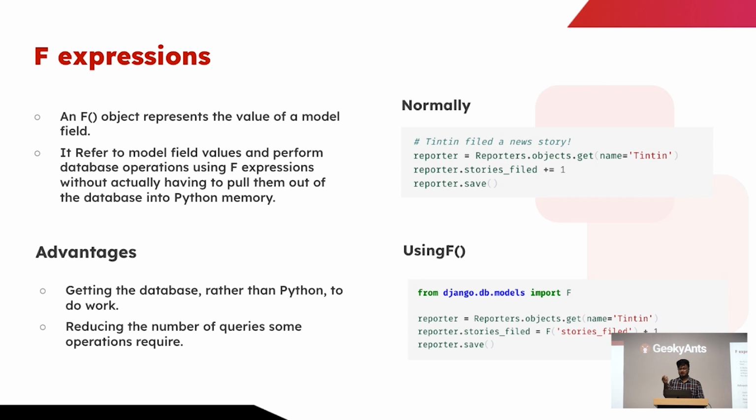It goes back, gets the name, adds one, and leaves it there itself. So with essentially one operation, you're finishing the whole thing. You're not even pulling it back to the Python's memory. Instead, you're just working with the database. So that's how F expressions are useful. Whenever it's a small operation that you can perform with a database query itself, then just use F expressions. It's going to be quite optimized.